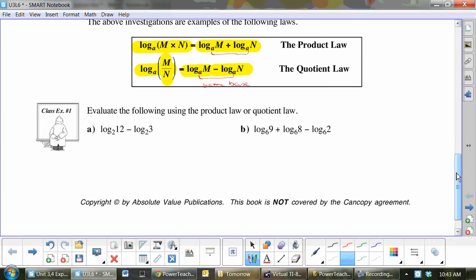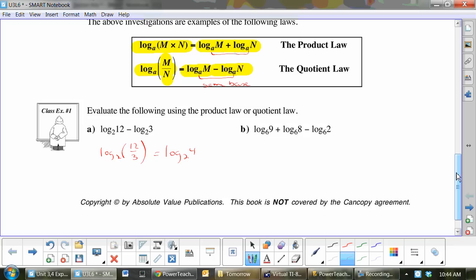Okay, so we're actually going to just work with these. Now, log 2 of 12, that's not very easy to figure out, and minus log 2 of 3. Now, easy maybe, yeah, I can put it in my calculator, but easy to do without a calculator? No. But we can use the quotient law to make this log 2 of 12 over 3, 12 divided by 3, which is the same thing as log 2 of 4.